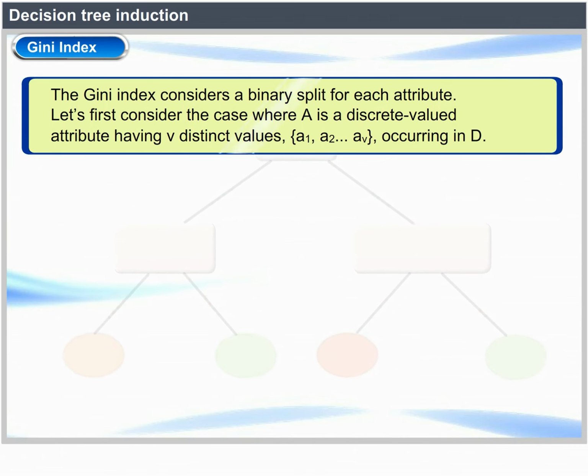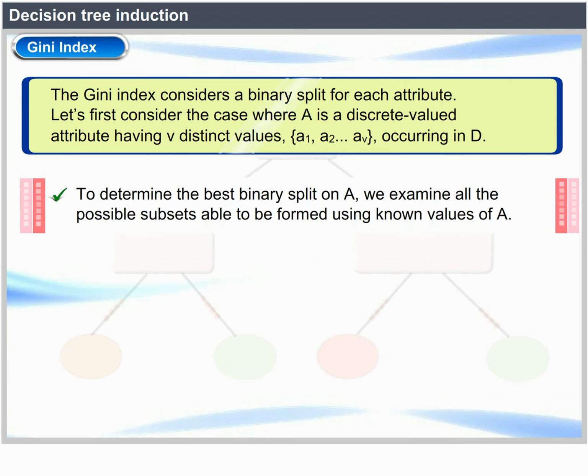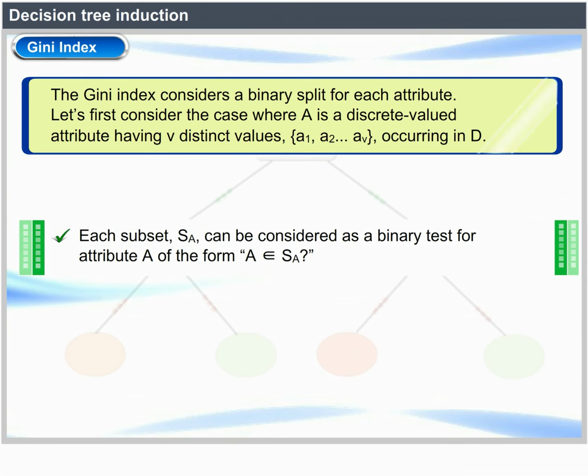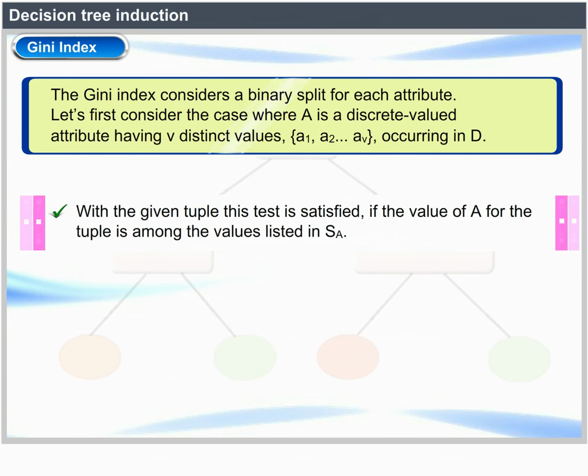Let's first consider the case where A is a discrete valued attribute having v distinct values, a1, a2 and so on up to av, occurring in D. To determine the best binary split on A, we examine all the possible subsets that can be formed using known values of A. Each subset SA can be considered as a binary test for attribute A of the form A belongs to SA. Given a tuple, this test is satisfied if the value of A for the tuple is among the values listed in SA.